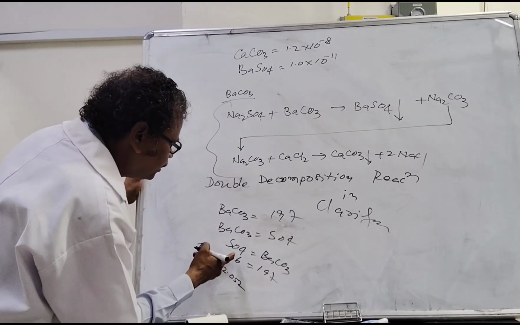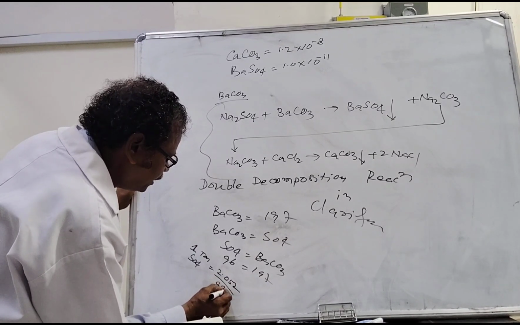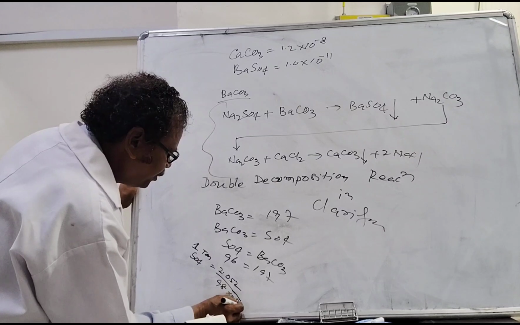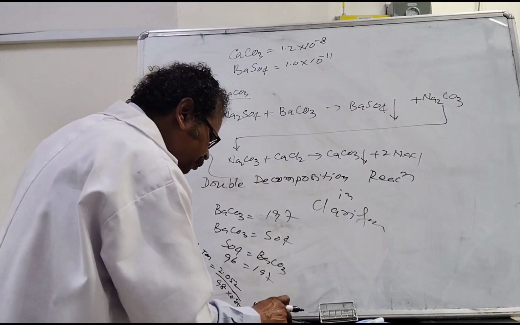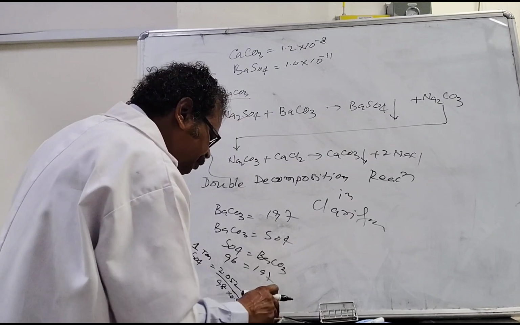Then its purity is 97, 98, and the reaction efficiency is 0.85. So it will give 0.98 divided by 0.85.